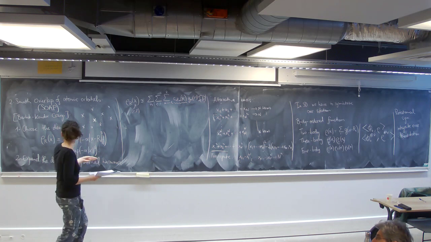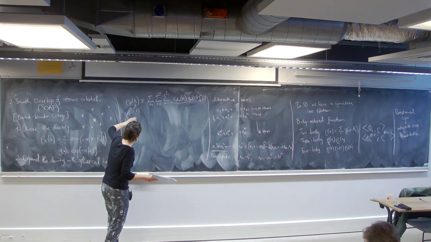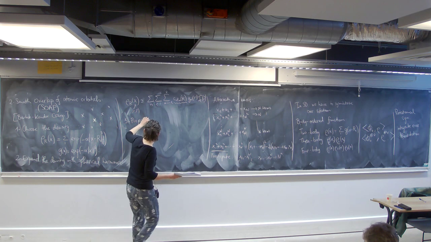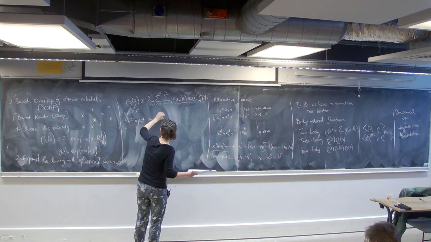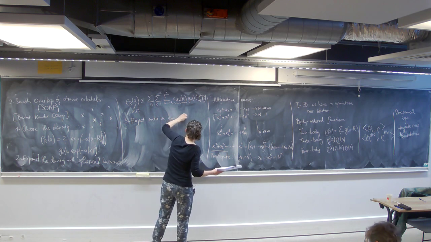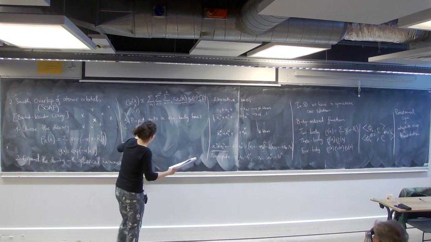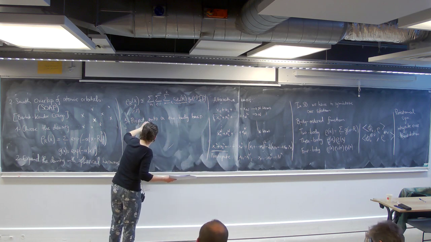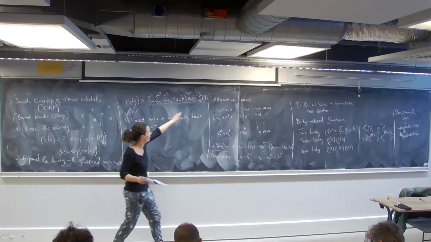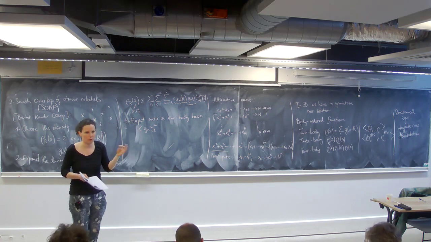Okay, so then the third step is to project this onto a one body basis, which is basically computing the scalar product with, so I will assume for simplicity that the radial basis functions are orthonormal.